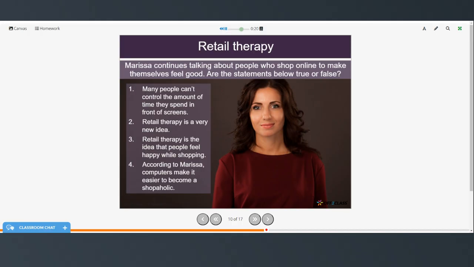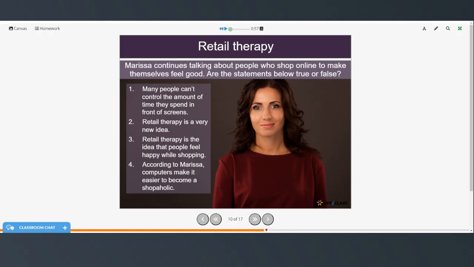Shopping online is convenient, and the stores are open 24 hours a day. For people who spend most of their lives on their phones or computers anyway, it is easier than ever before to become a shopaholic. What can you do if your online shopping is getting out of control?